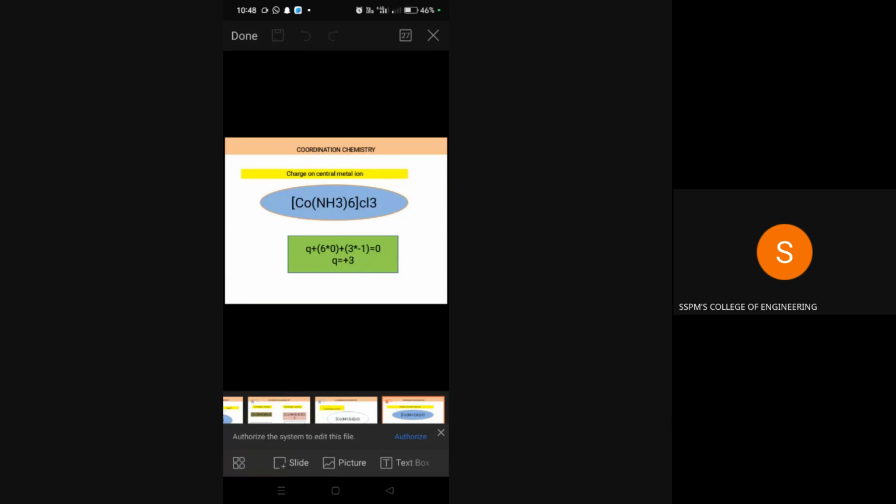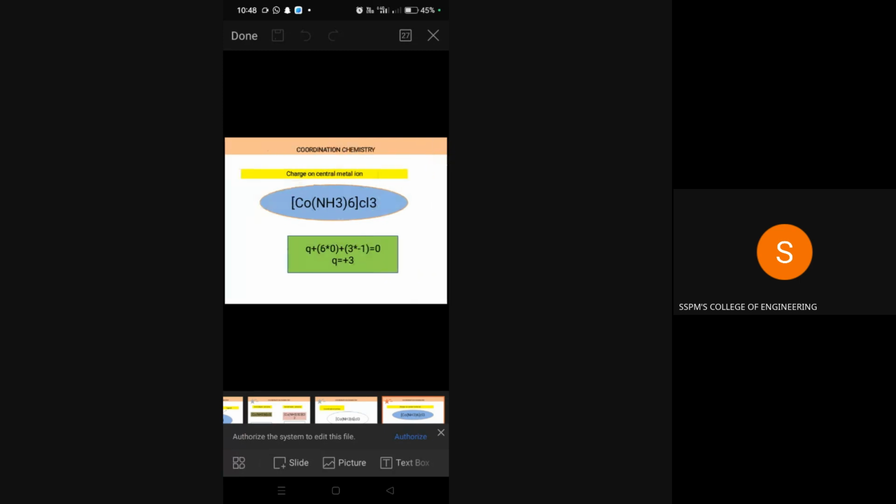सो Q म्हणजे काय? Q is the charge on the metal ion. 6 ammonia molecules are attached, so 6 multiplied by 0 because ammonia is a neutral molecule, plus 3 into -1. Why? Because 3 chlorine atoms are present, and chlorine, a halide ion, has -1 charge. And total is equal to 0 because there is no charge on that complex.